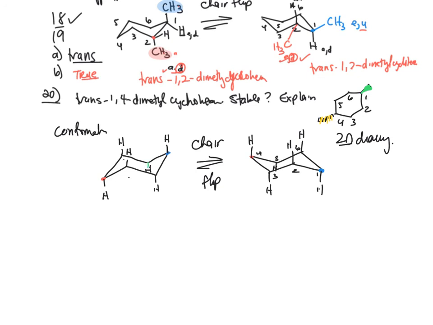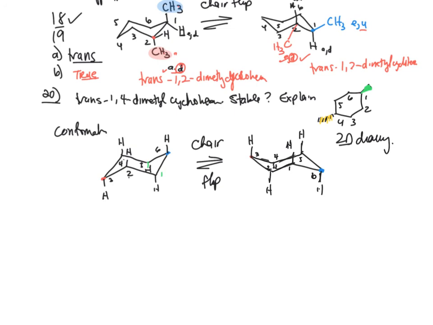Okay, so I'm going to make this 1, 2, 3, 4, 5, 6, and I'll change the numbering here. It doesn't matter, it's just for teaching purposes. I think this will make it easier for your orientation. All right, so what do we call this one? This one's 6, 5, 4, 3, 2, 1.